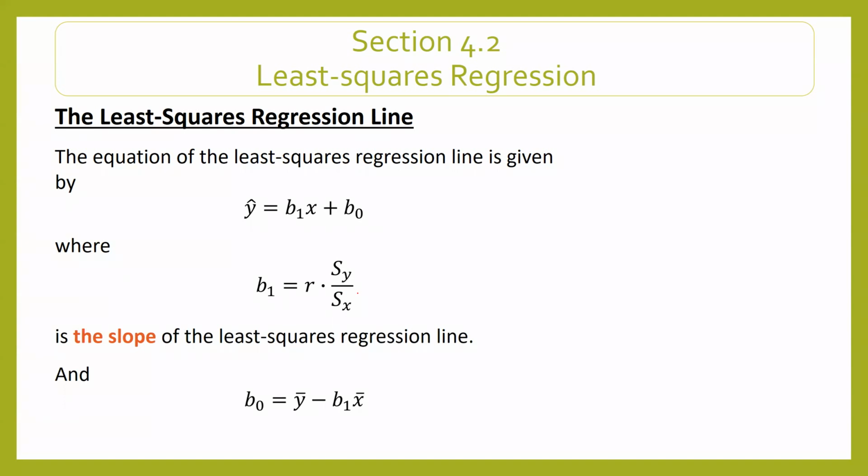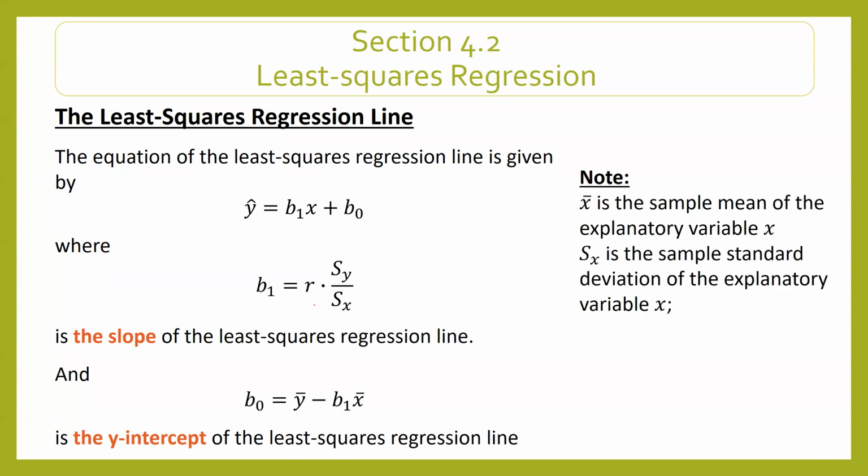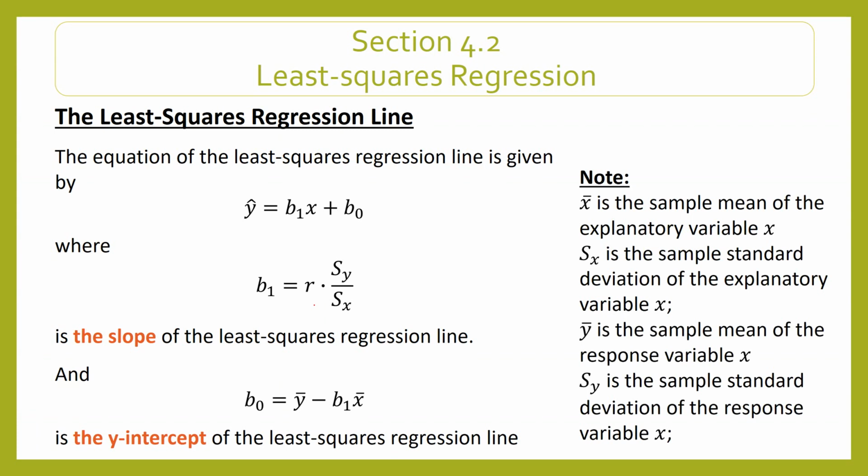And b naught is y bar, the mean of y, minus b1 times x bar, where x bar is the mean of x. And b1 is what we got before to be the slope. So invariably, we need to find b1 first before finding b naught, and then plug everything into y hat to get the least square regression line. So b naught in this case is the y-intercept. I just spoke about all this.